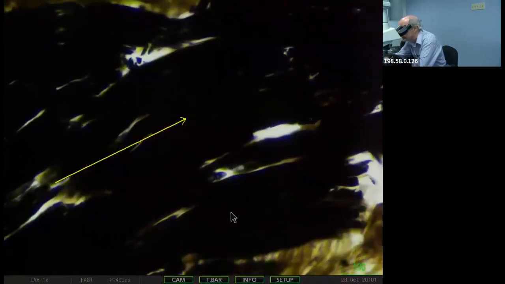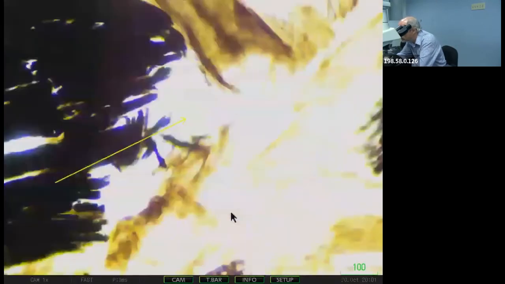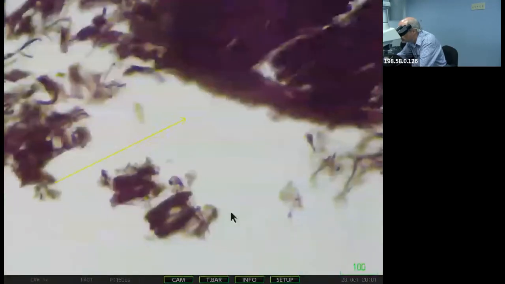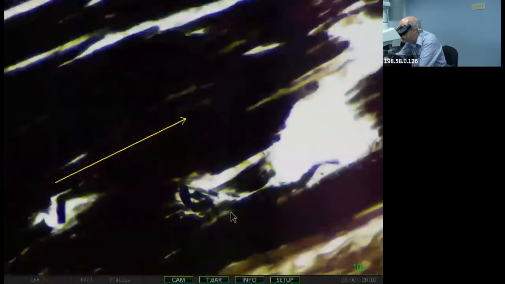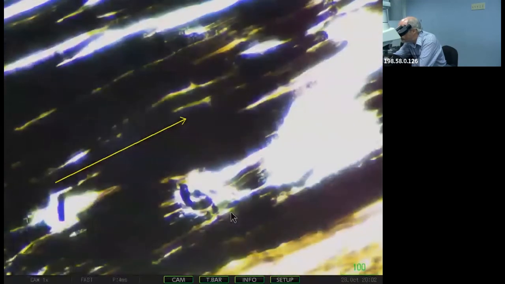Now it is a longitudinal view, but I'm not sure that I will be able to show you anything.